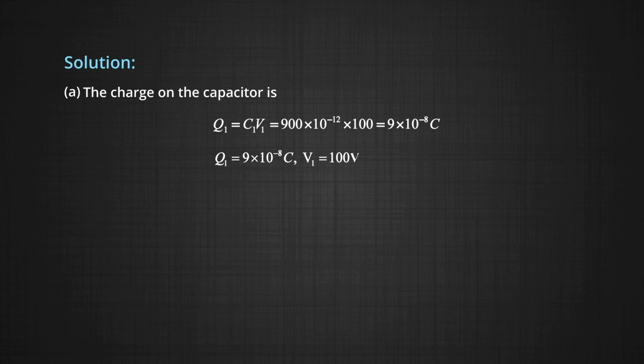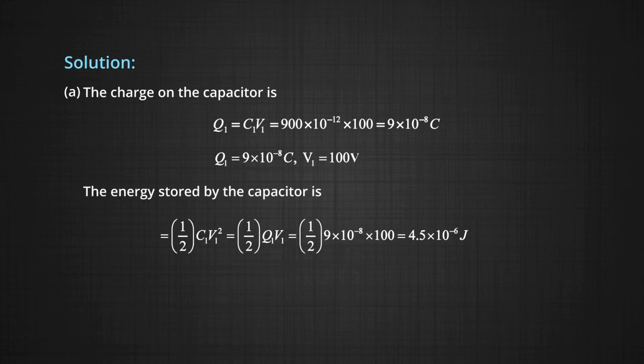As Q1 is 9 into 10 to the power minus 8 coulomb and V1 is 100 volt, thus the energy stored by the capacitor is half C1 into V1 square, which is also equal to half Q1 into V1. On substituting the values, we get half into 9 into 10 to the power minus 8 into 100, which will be 4.5 into 10 to the power minus 6 joule.